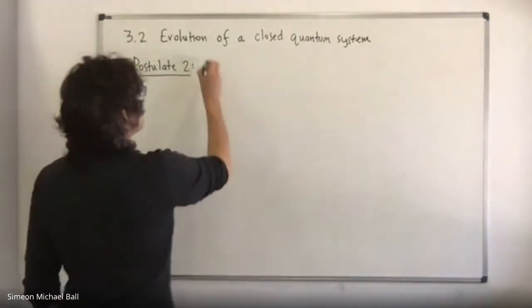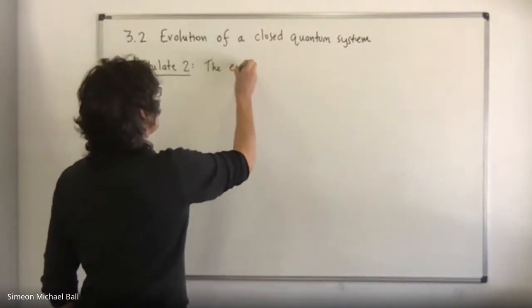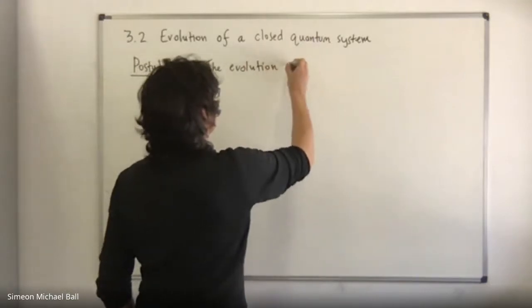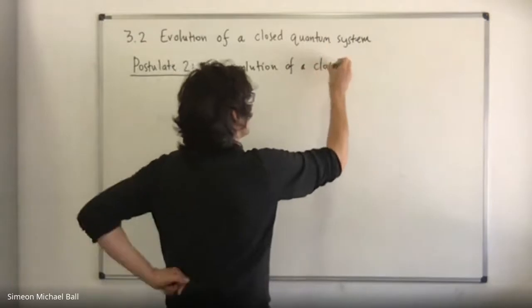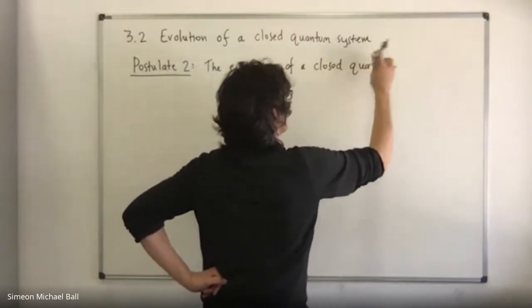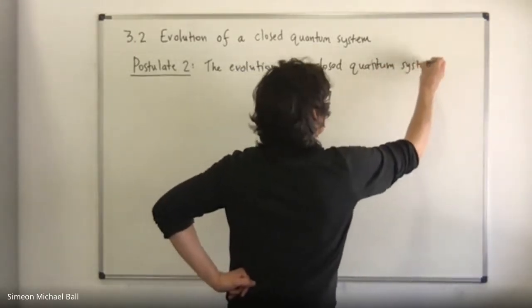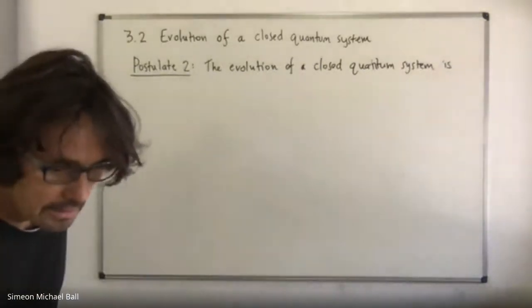The evolution of a closed quantum system is described by unitary evolution.